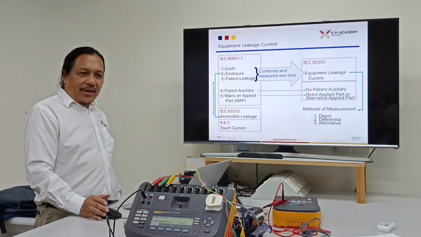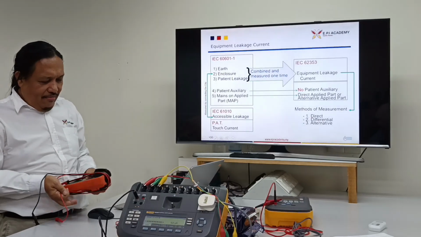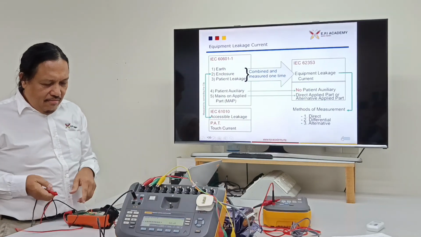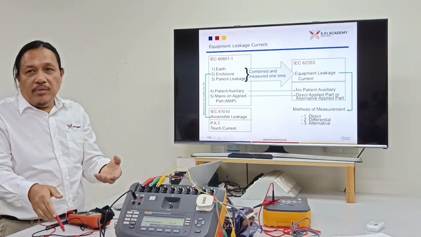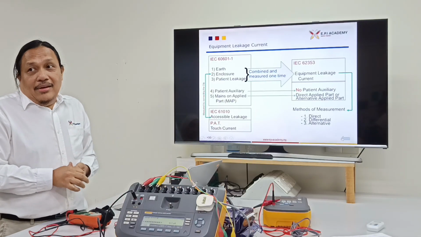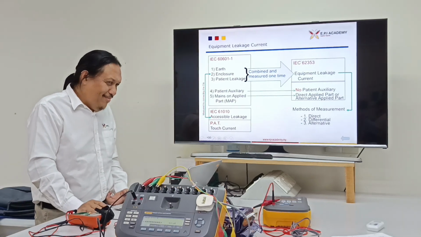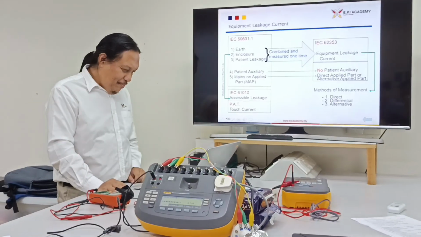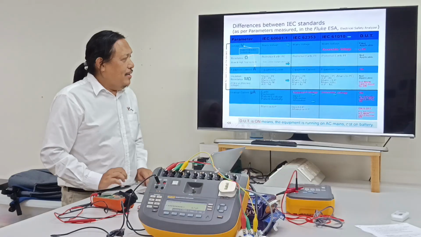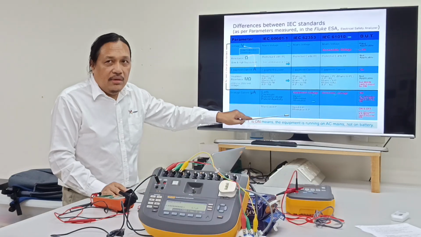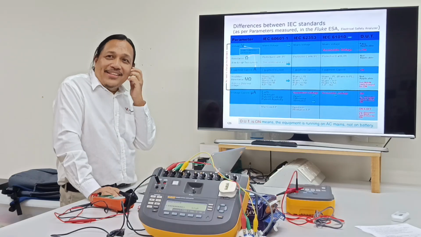You know how to use a multimeter, right? You want to measure voltage, you put the probes and measure like this. It's a direct measurement. And of course, the other two are indirect measurement.